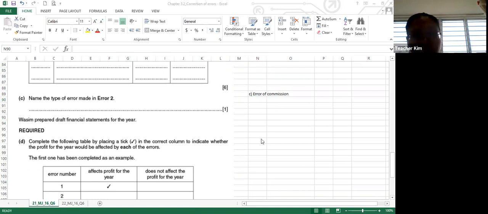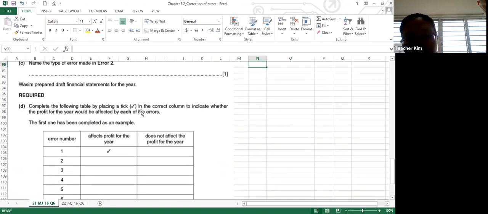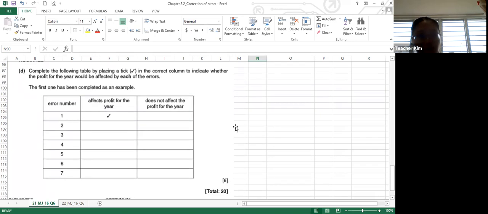Okay, we continue. Wasim prepared draft financial statements for the year. Complete the following table by placing a tick in the correct column to indicate whether the profit for the year will be affected by each of the errors. Let's see. This one, I think, has to go up, beside the correction of the error.